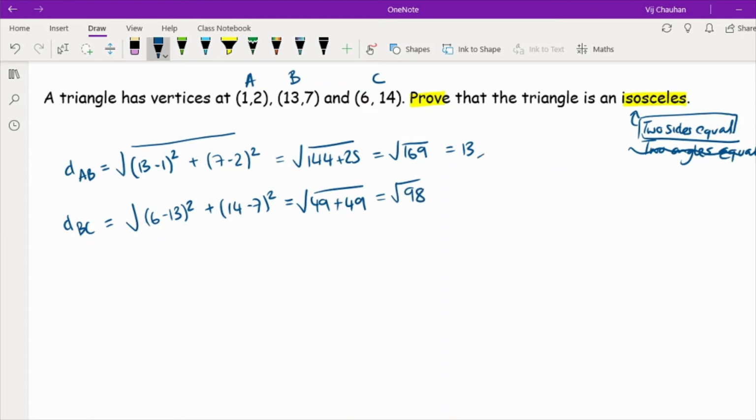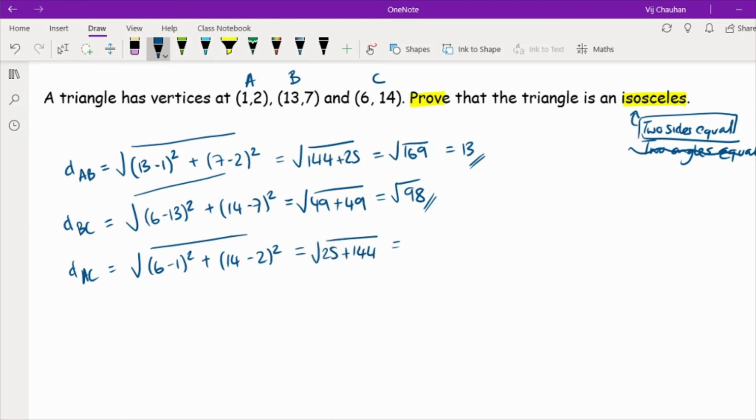So far we've got 2 unequal sides, so let's see what the distance of AC is going to bring me. So here I've got the square root of 6 minus 1 squared plus 14 minus 2 squared, and that equals 25 plus 144, which equals the square root of 169, which equals 13.